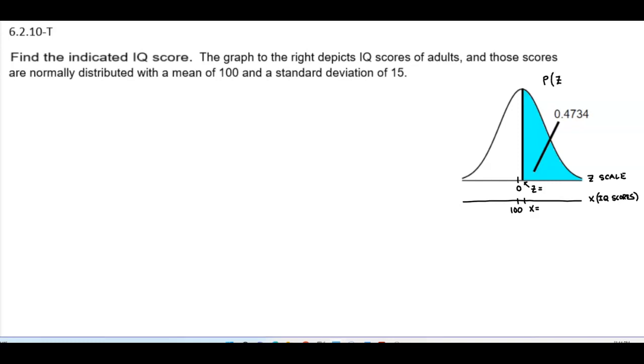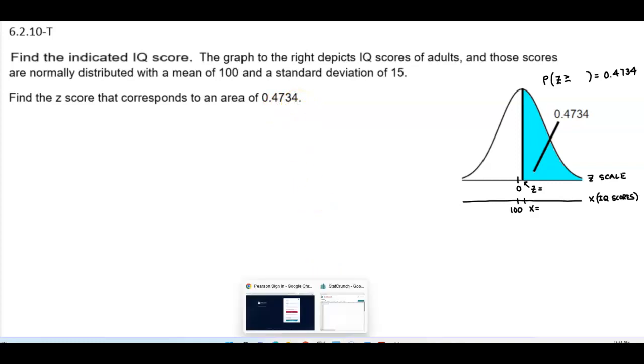In this case, the region is shaded to the right. So we want to say, what value of z greater than or equal to gives us an area of 0.4734? So we want to find the z-score that corresponds to an area of 0.4734.